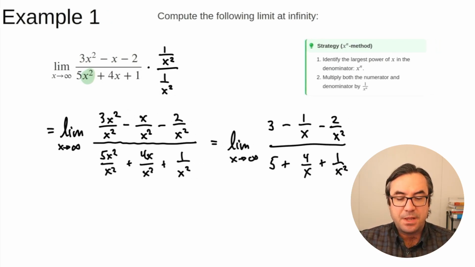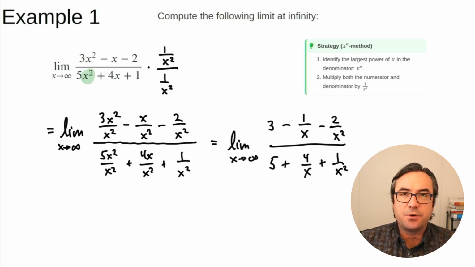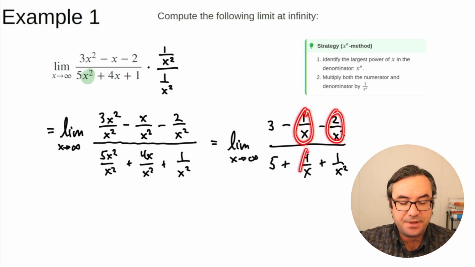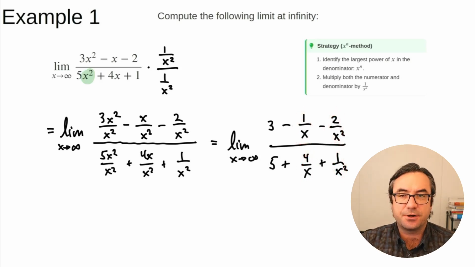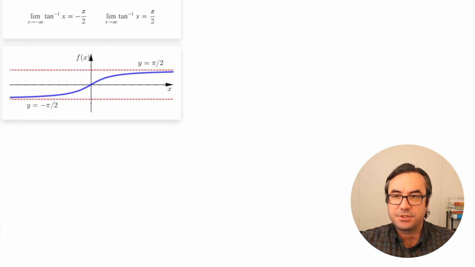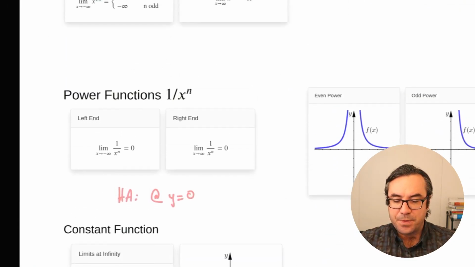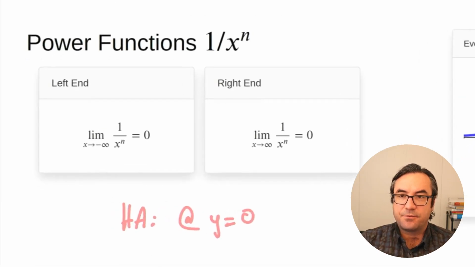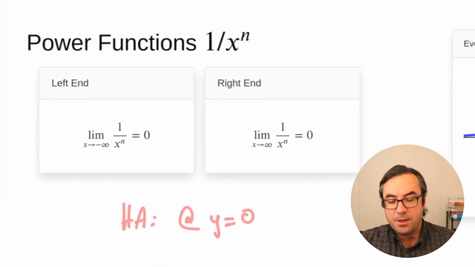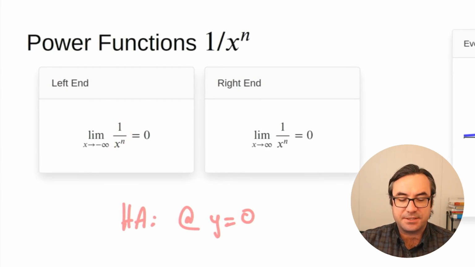And now, this is where we can use some of those previous basic limits. We're going to look at each of these individual fractions here. We know from these special limits that 1 over a power of x is going to go to 0.